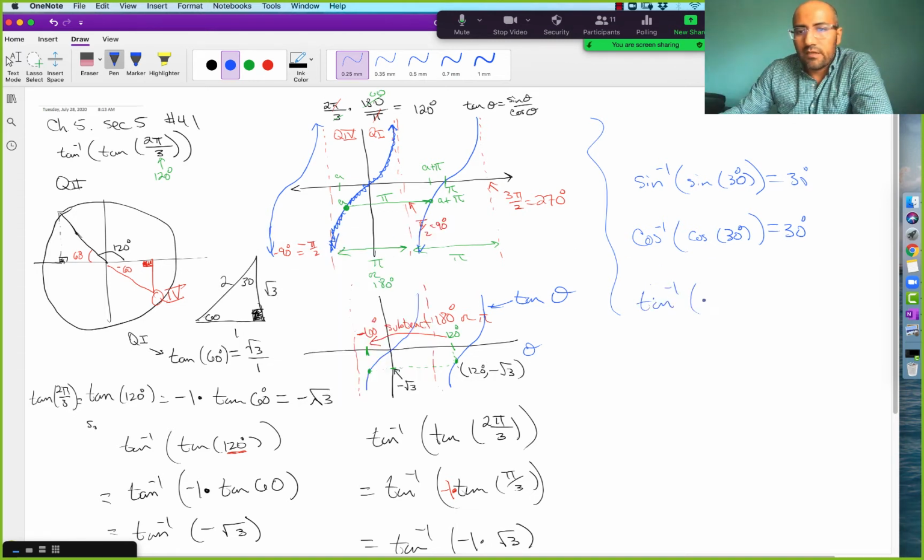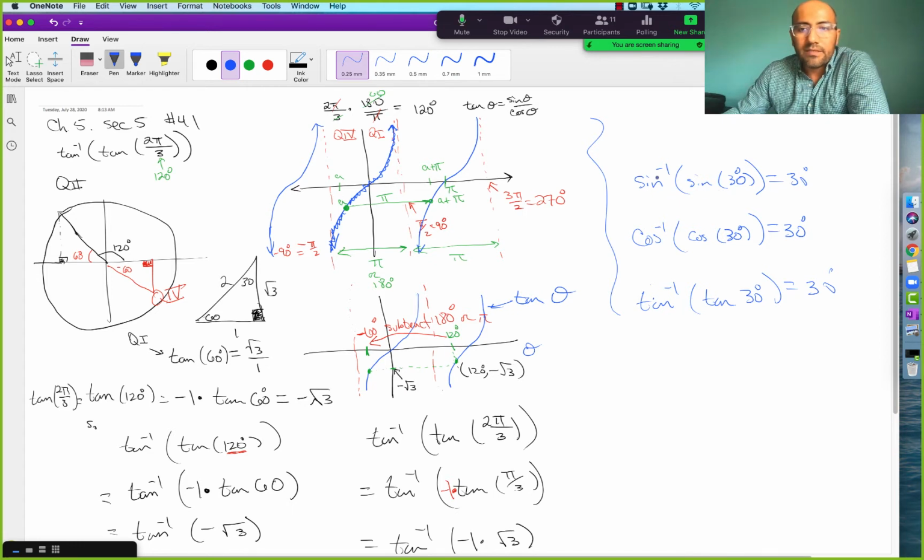Tangent inverse of tangent of 30 degrees equals 30 degrees. These two operations undo each other, and everything works out really well. The problems start to happen when we get away from quadrant 1, and the sine inverse function might not give you the result you expect.